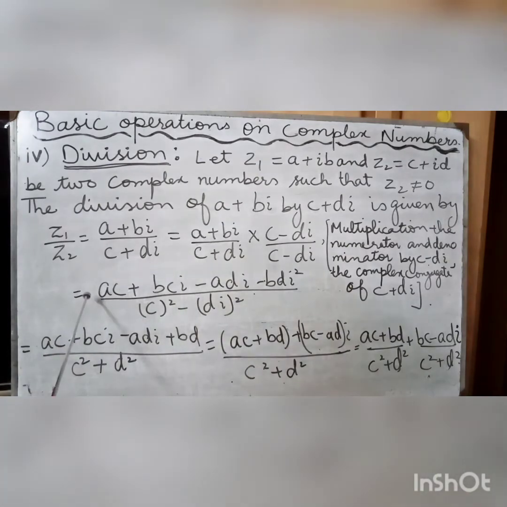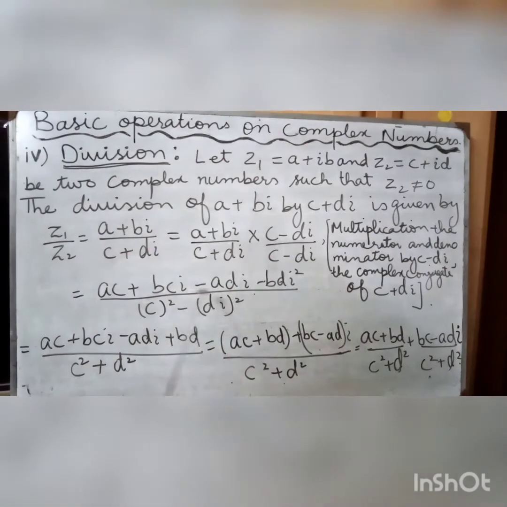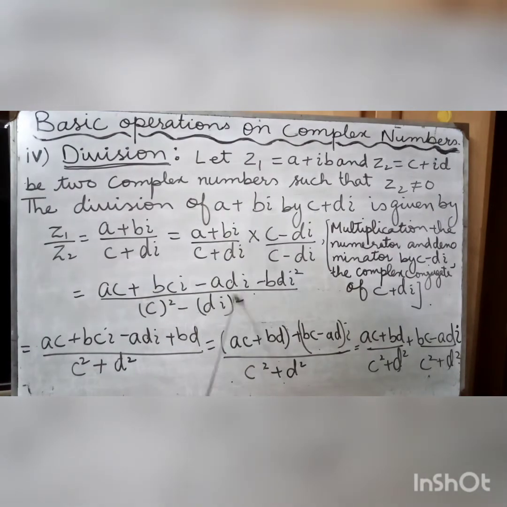After multiplication we have (ac + bci - adi - bd i²) over c² - (di)², which is the difference of two squares. Then we have (ac + bci - adi + bd) over c² + d². i² becomes minus 1, and minus times minus 1 equals plus, so this term becomes positive due to i².